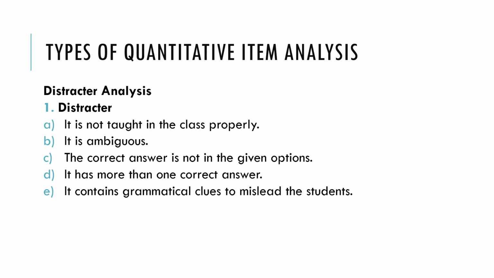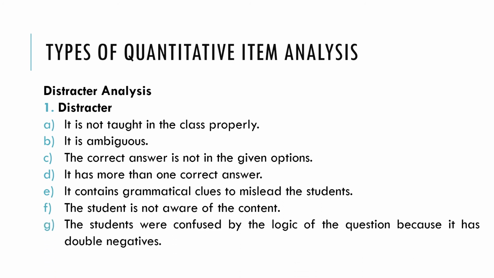So we have grammatical clues, the a and an. So we have to minimize that. How to minimize? You have to reconstruct your questioning. And then the student is not aware of the content. Hindi talaga niya alam yung content. So hindi natin alam kung nasaan itong batang ito. And then the students were confused by the logic of the question because it has a double negative.